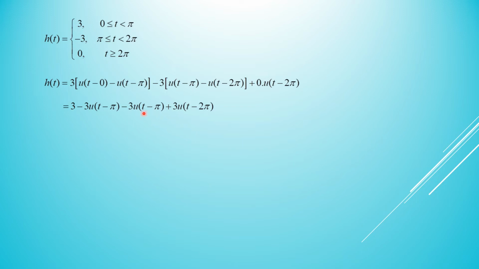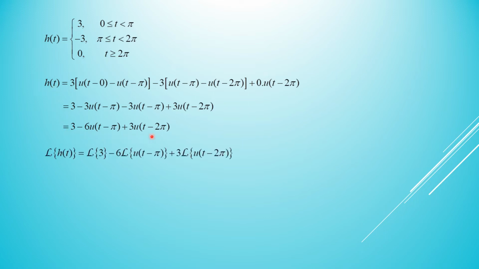And notice that these two terms have a common unit step function, which is u(t minus pi). So combining those two, we get 3 minus 6 u(t minus pi) plus 3 u(t minus 2 pi). Okay, so this is the function h written in single form by using the unit step function.